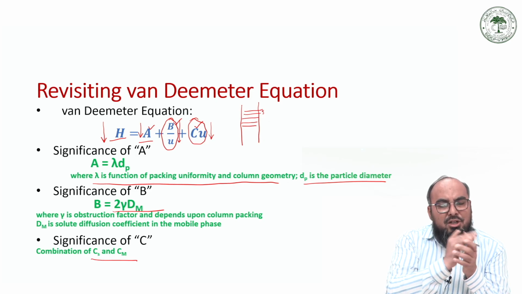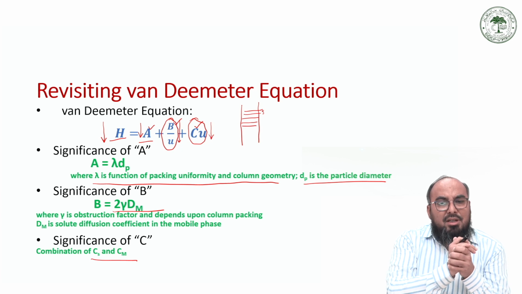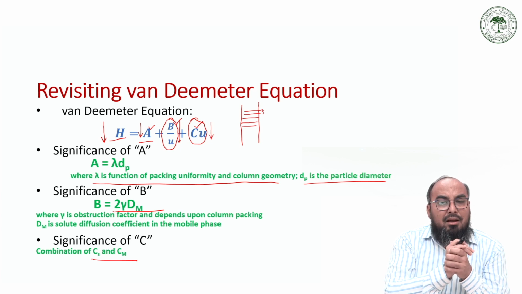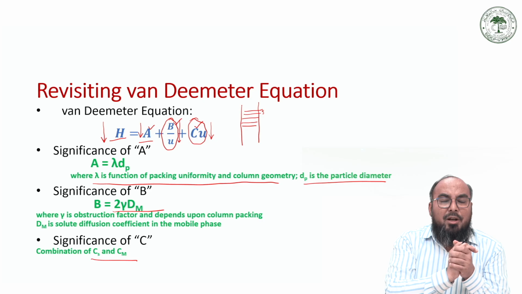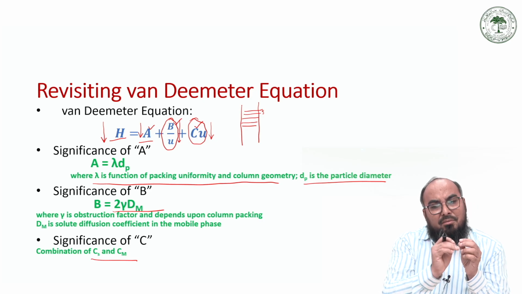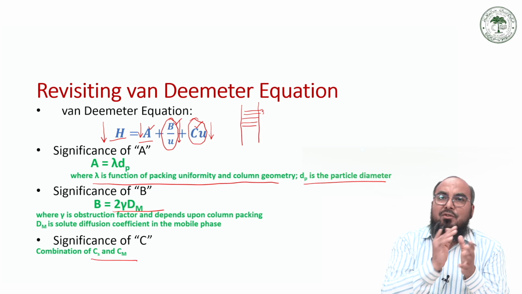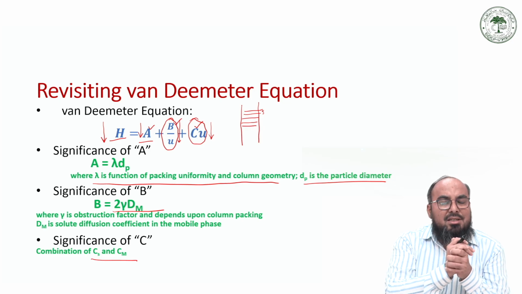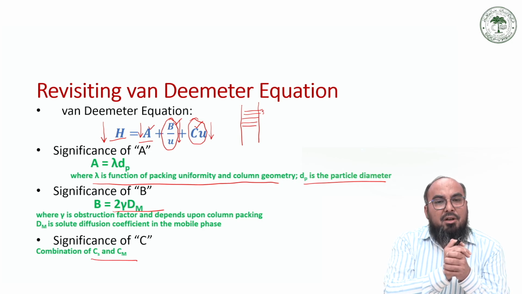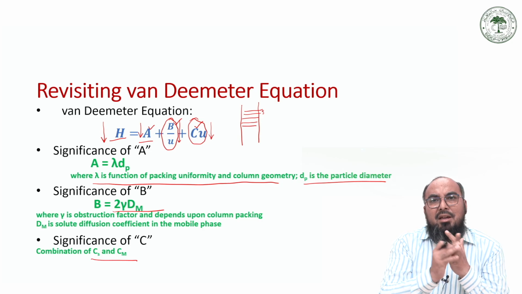Similarly, the opposite is true with the mobile phase. So this tells you about the resistance, or about the equilibration, which the solute molecules will have with the stationary phase and with the mobile phase. This is how these three terms work, and this is the significance of the Van Deemter equation terms A, B and C.